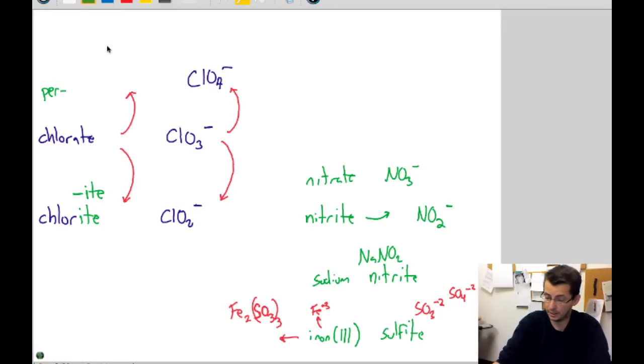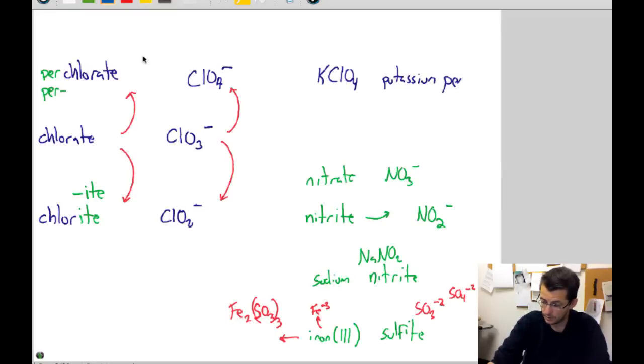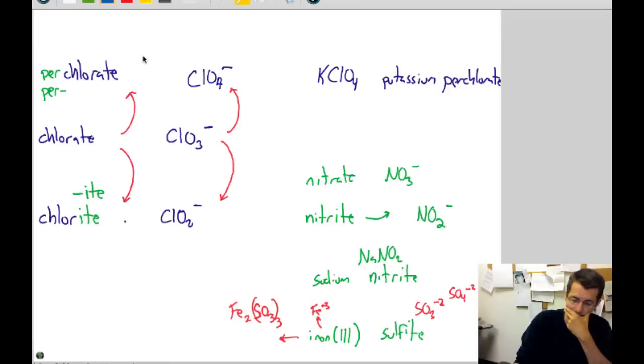So this would be perchlorate. This is the perchlorate ion. Okay, ClO4 minus, potassium perchlorate.